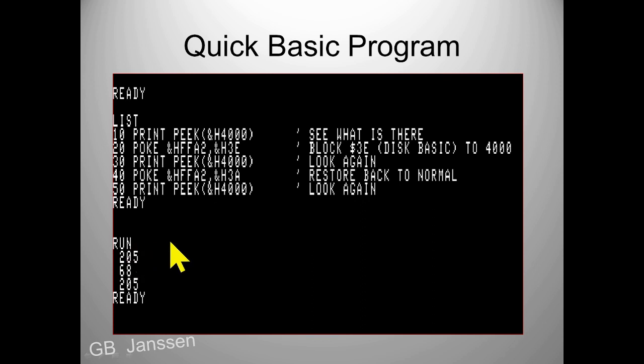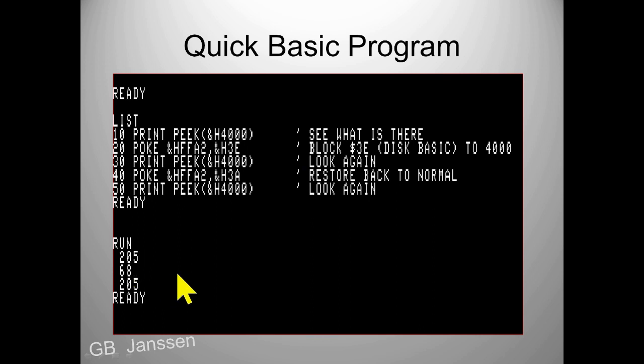I said run. The first thing that turned up was 205, just some garbage that was at address 4,000. I think that was a hex CD. We poked our 3E in there and printed out again, and it's got a 68.